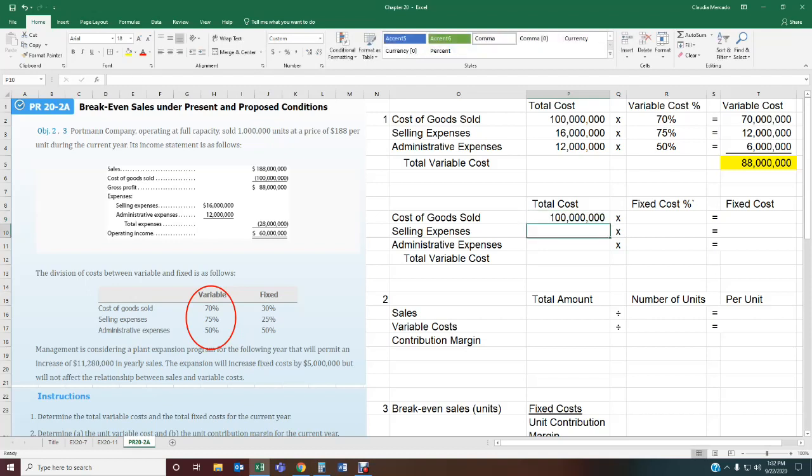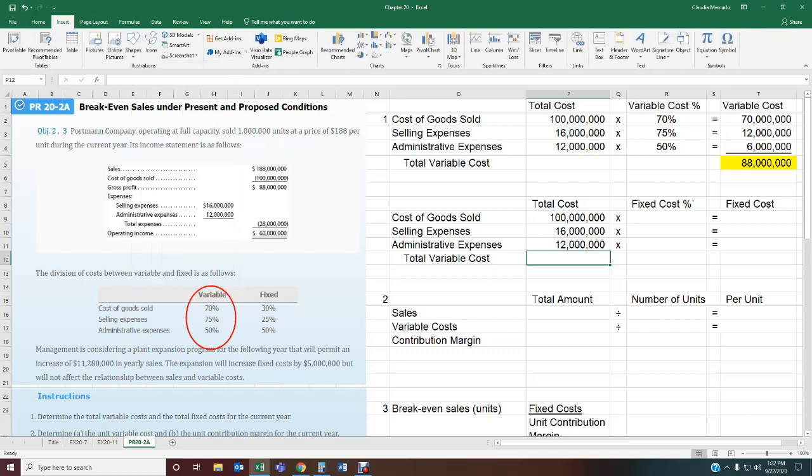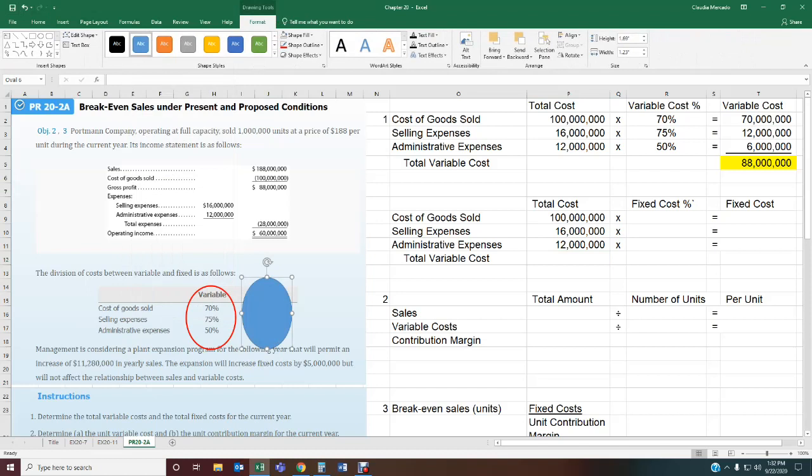For my cost of goods sold, for my selling expenses, I have 16 million, and for my admin expenses, I've got 12 million. We're going to multiply it against our fixed cost percentage right here.